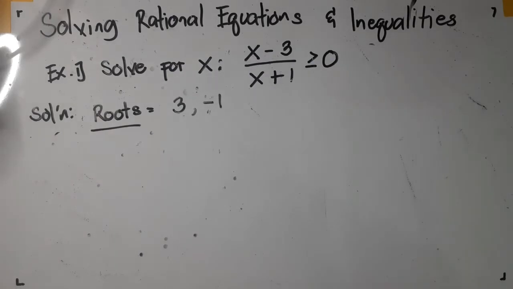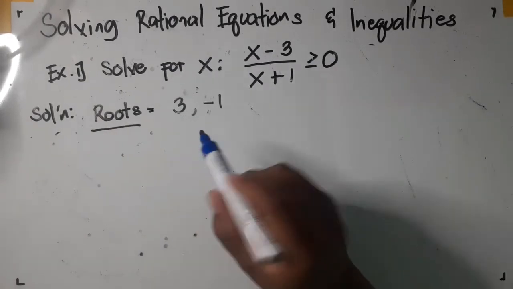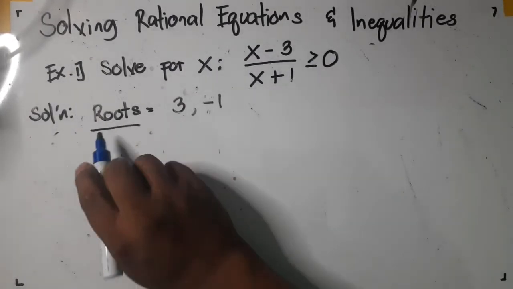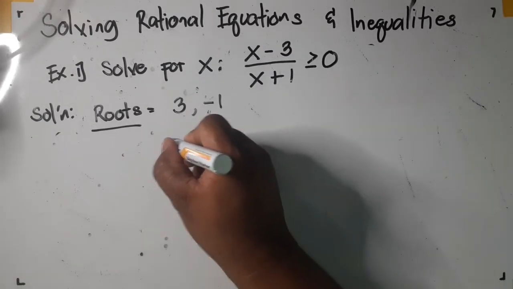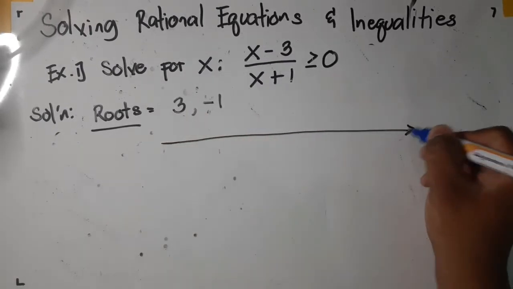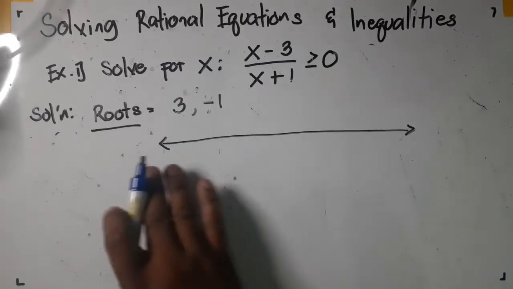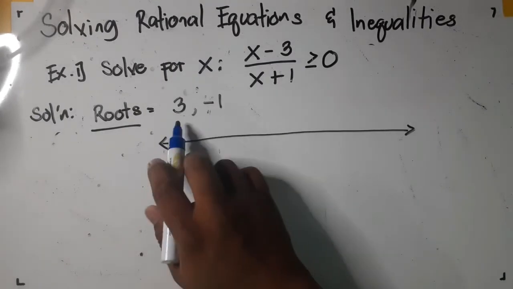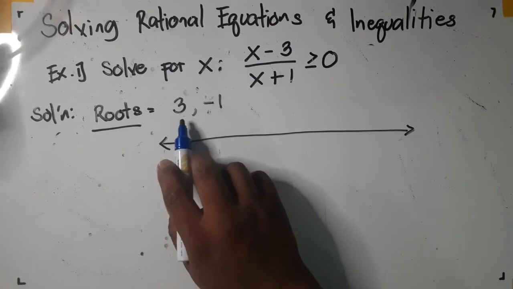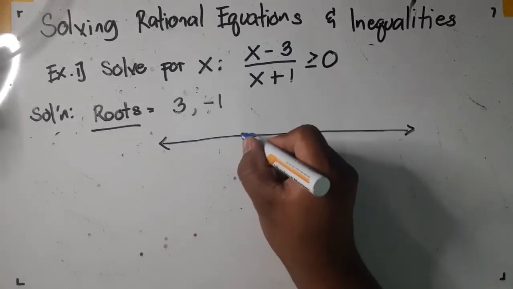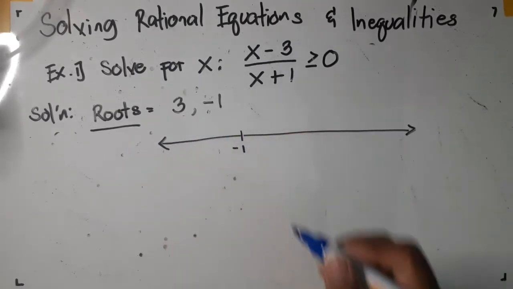After determining the roots, the next step is to draw a number line. So it's just a straight line. Then plot the numbers. Between 3 and negative 1, which is smaller? That's right, negative 1.